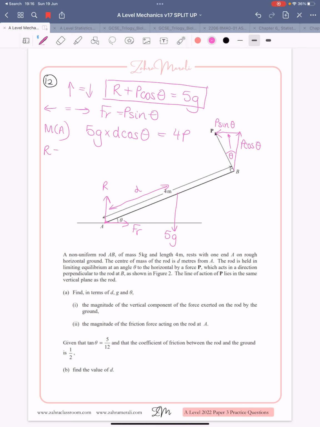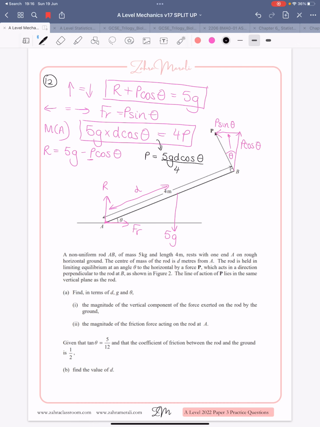So R equals 5G minus P cos theta. Now the thing I want to get rid of is the P, but I don't want to introduce a friction. So I'm going to use this formula to substitute in for P. So if I rearrange this, P equals 5G d cos theta over 4.